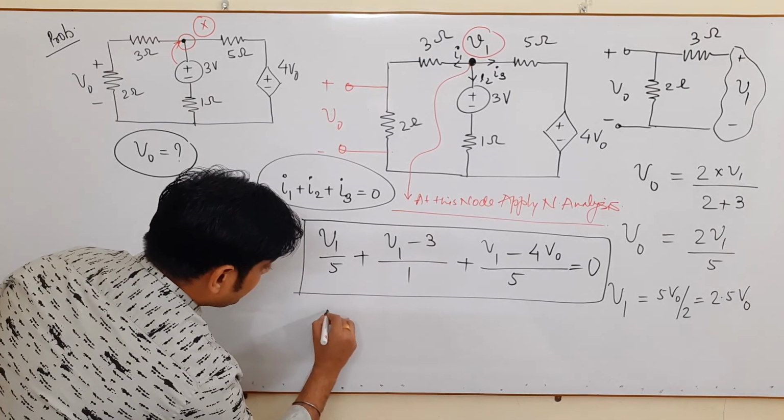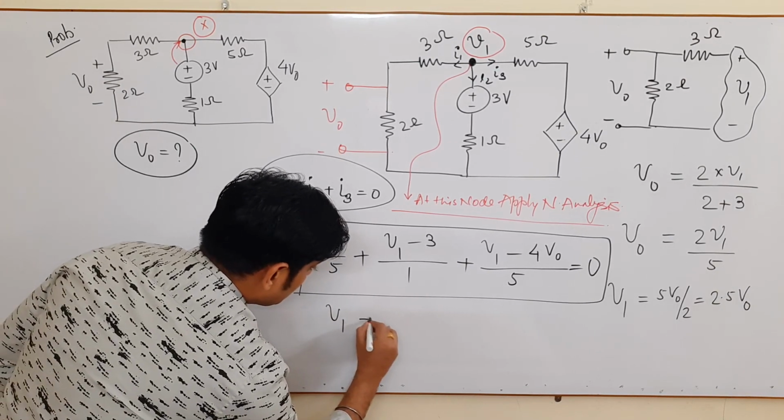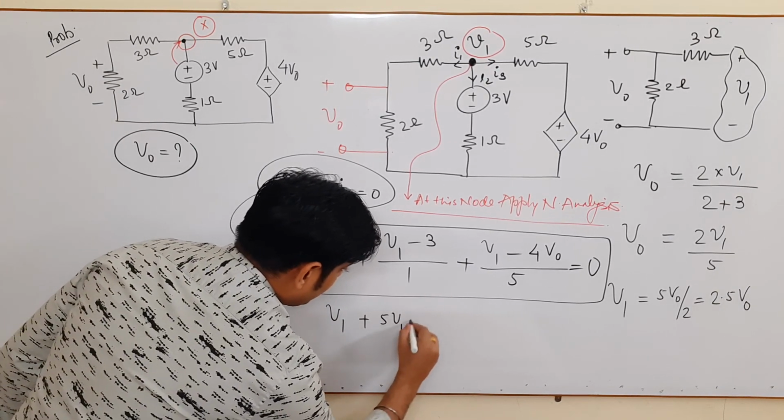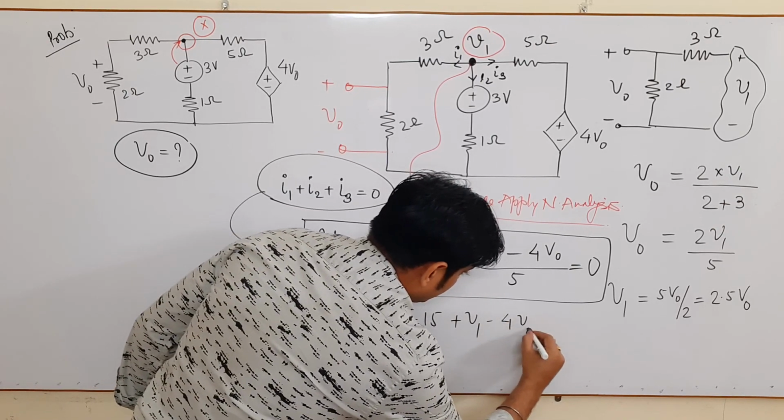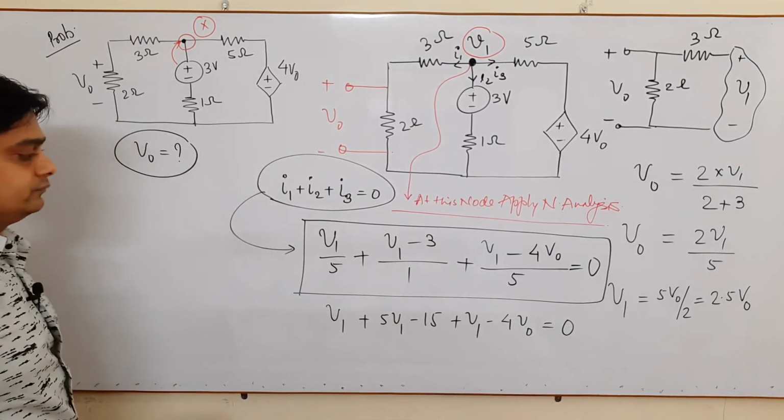So I can write this equation once again: V1 plus 5V1 minus 15 plus V1 minus 4V0 is equal to 0.